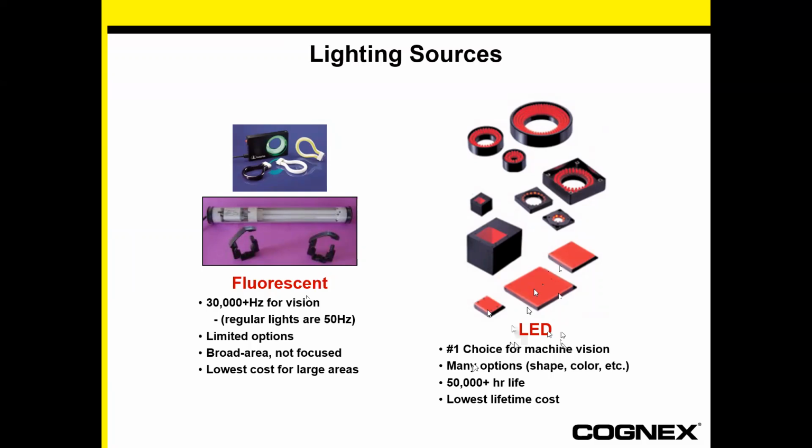You can have different shapes, different colors, quite a good lifespan out of them. You can strobe them, so you get maybe 9-10 years out of LED light sources. Different colors can be useful to highlight and give you greater contrast.